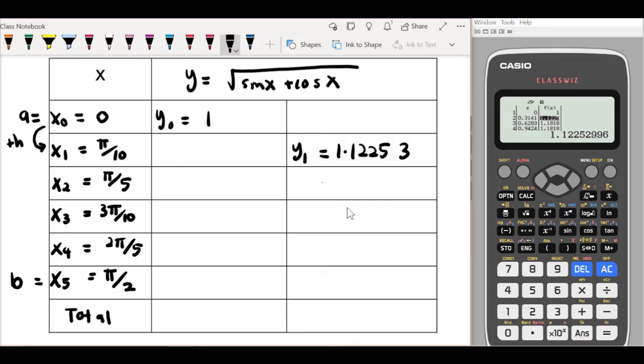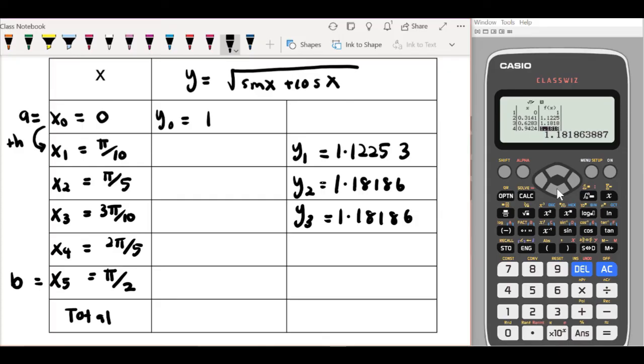1.1225. Okay, next, the third value, y2, we will have 1.18186. Okay, y3, we will have coincidentally the same value, 1.18186.